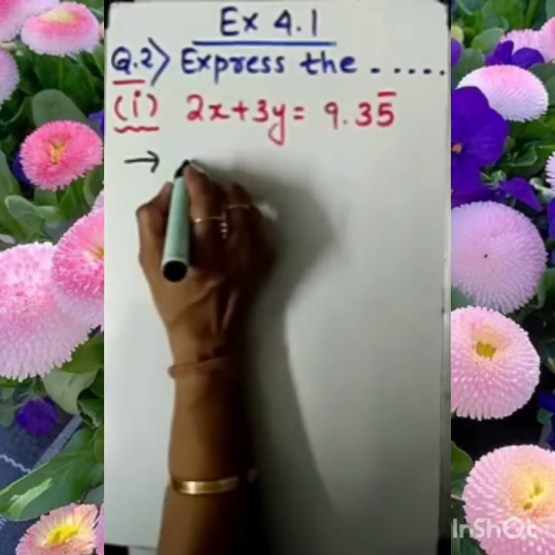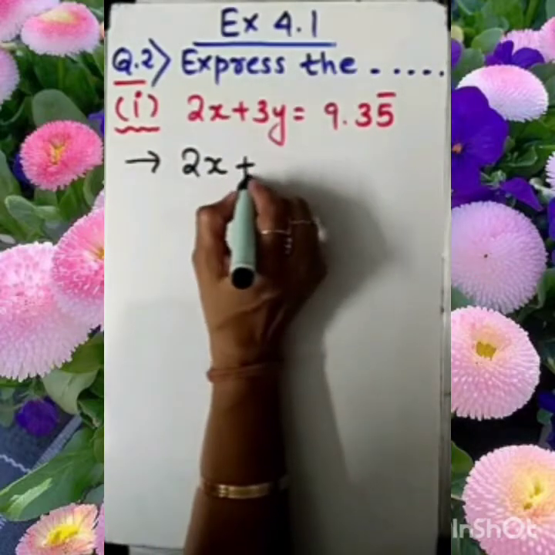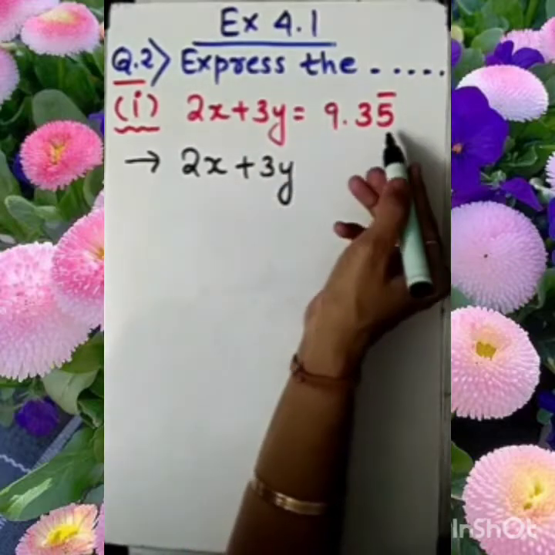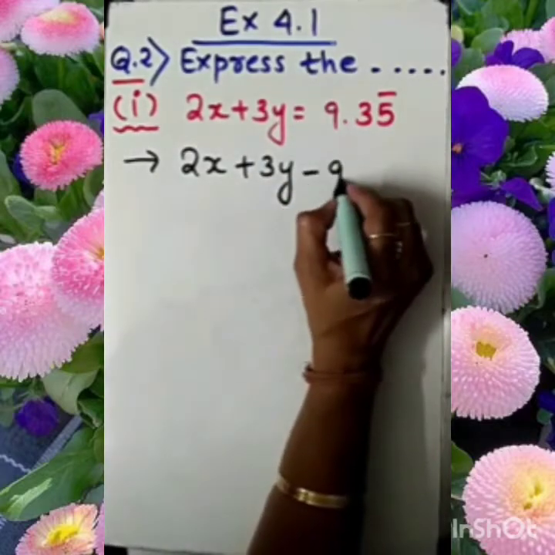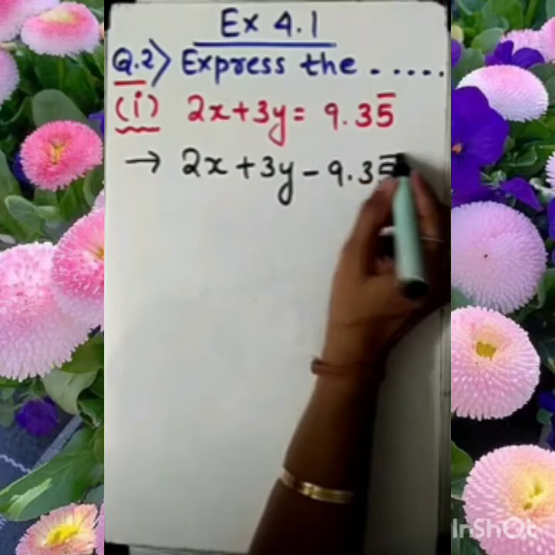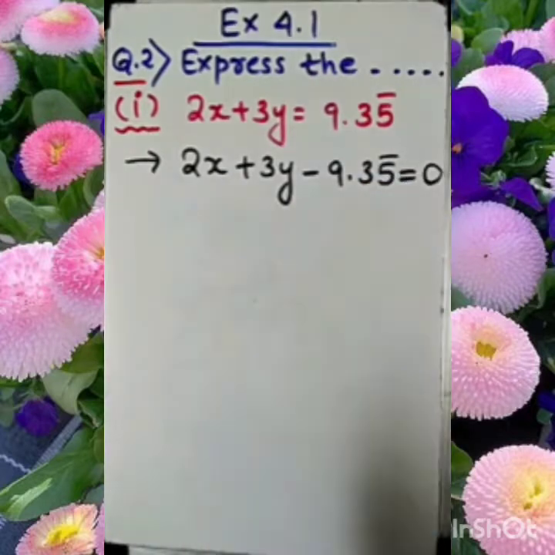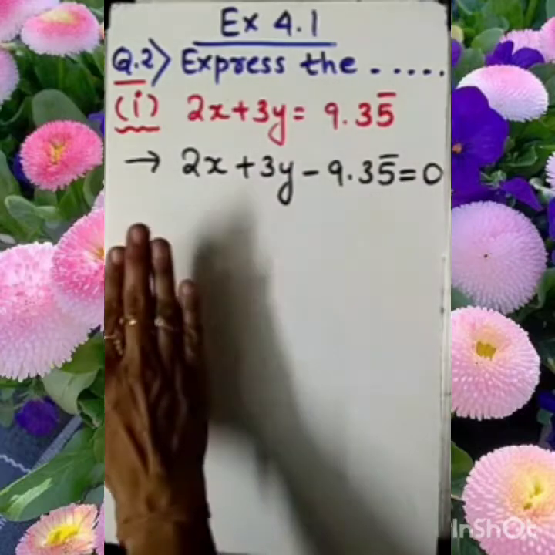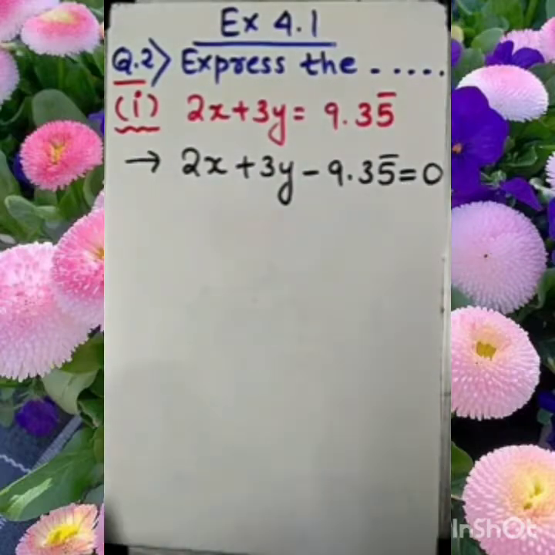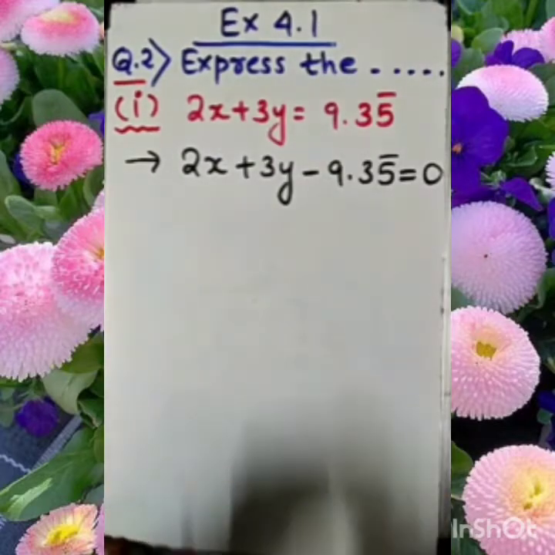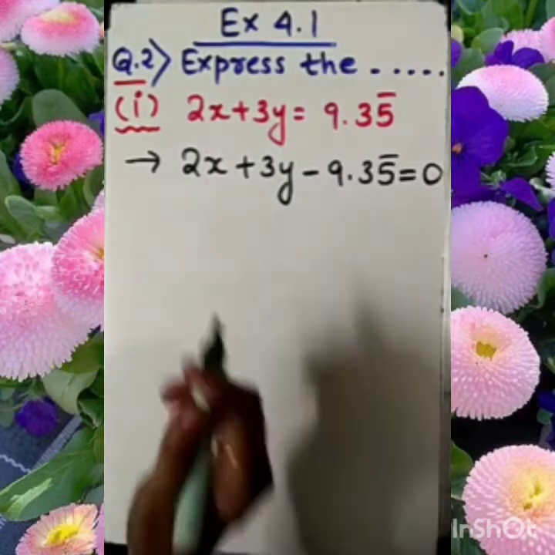So I am writing 2x plus 3y, and bringing this to the left side, so it is 9.35 bar, that is equal to 0. All the terms according to the general form must be on the left side of the equal to, and the right side will be 0.